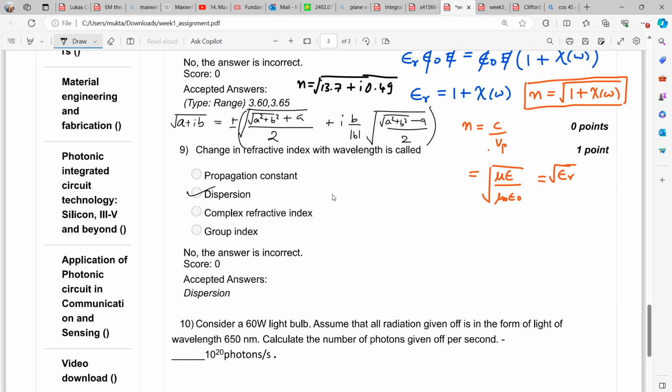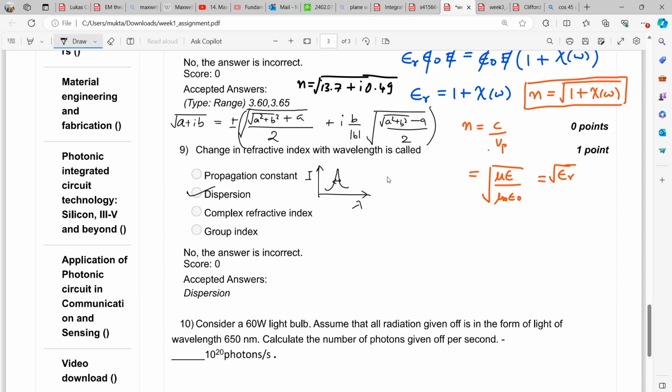If I have a pulse with some spectral width, say my x-axis is lambda and y-axis is the intensity, the light is not a single frequency, it has some contribution from neighboring frequencies as well.